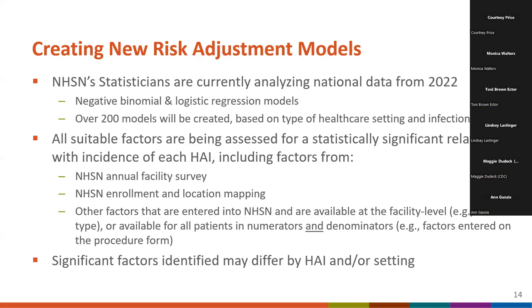So things like CDI test type, what represents the whole facility, or factors that are available for all patients in the numerators and the denominators. So this would be the factors entered on the procedure form. The significant factors that end up being identified in these models may differ by HAI and/or setting.